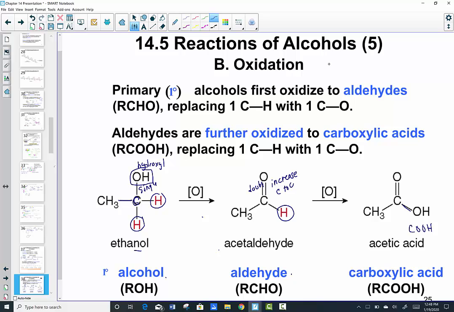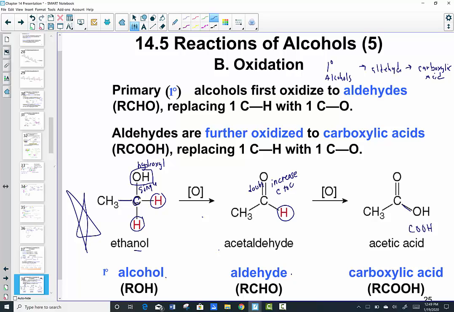This is very critical. Primary alcohols, under the first oxidation, form an aldehyde. Under the second oxidation, form a carboxylic acid. You need to know that. This is a big important spot in your notes.